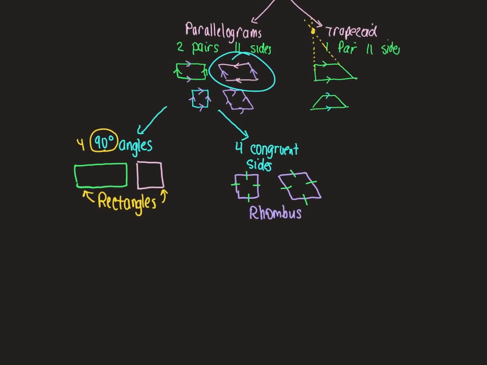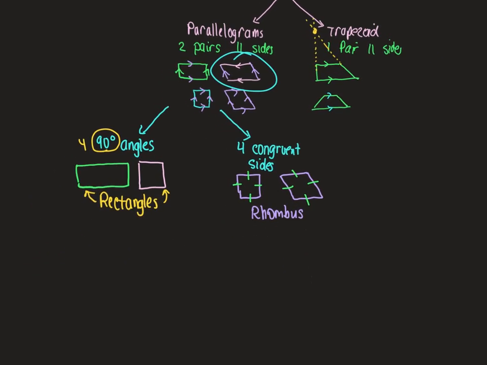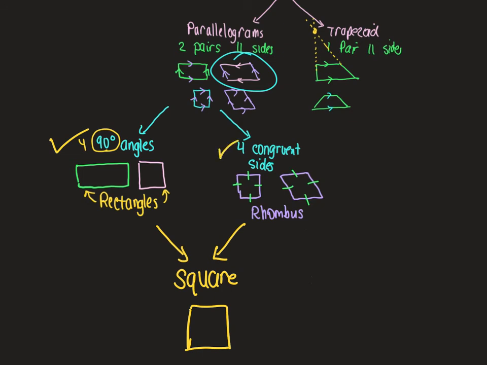So guess what? If you are a rectangle and you are a rhombus, we call you a square. A square has four 90-degree angles and four congruent sides. All the sides are the same, all the angles are 90. If you have both, you are a square.